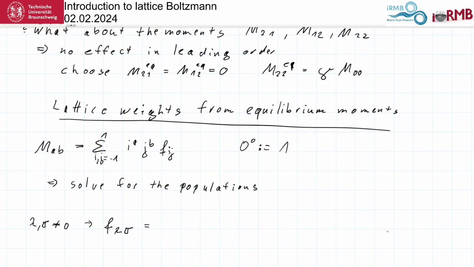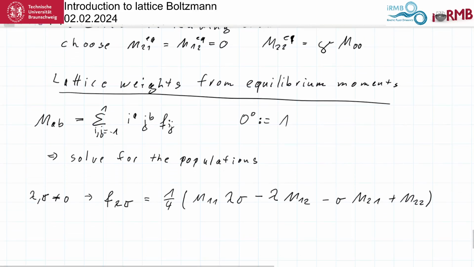They can be either 1 or -1, right? So we get here 1/4 (m11 lambda sigma minus lambda m12, so the third moment, minus sigma m12 plus m22). Maybe I should write that they are elements of -1 and 1, right?